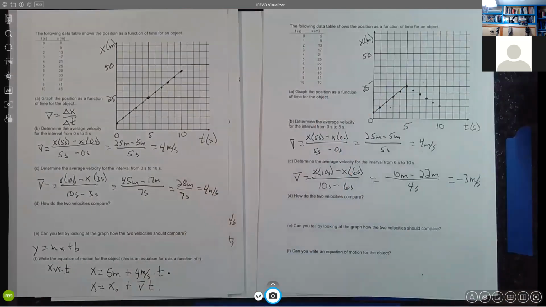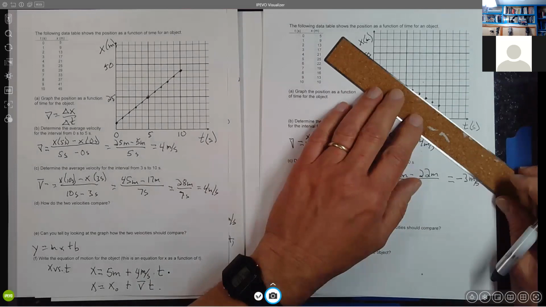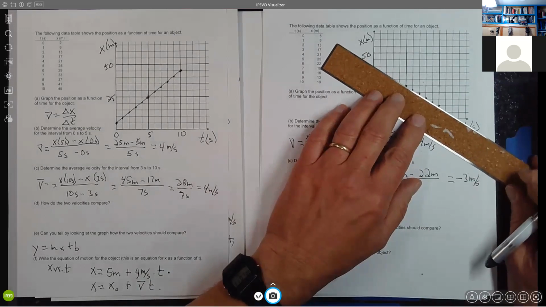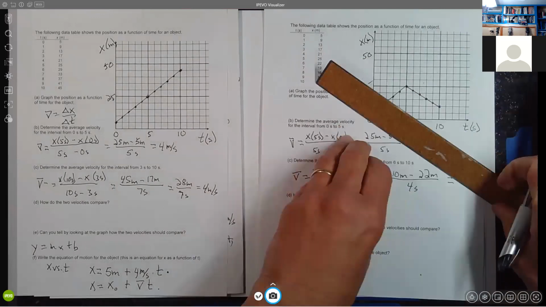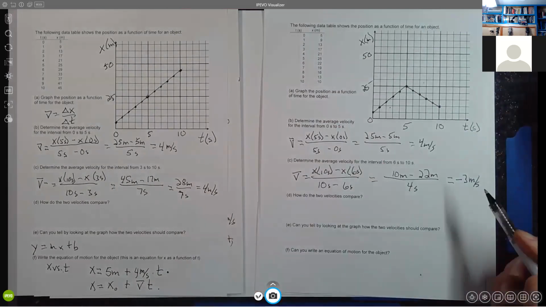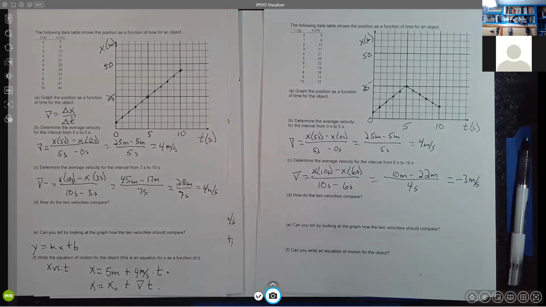It's got a positive slope. For the second batch of data, it's got a negative slope. So the slope of that graph gives us the velocity of the particle, and it tells us the sign too.